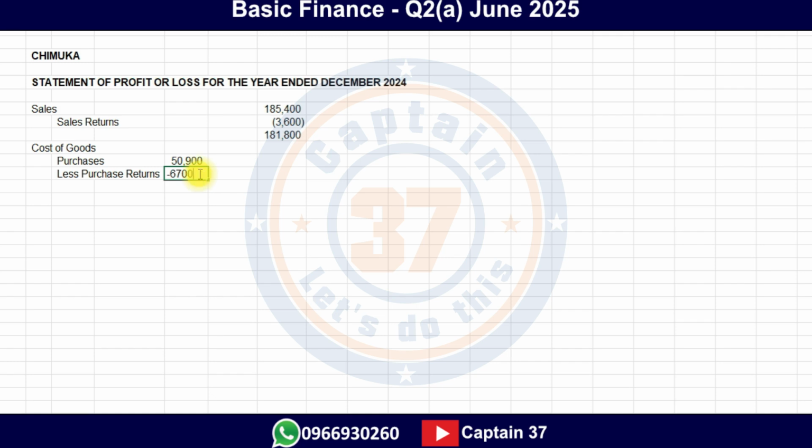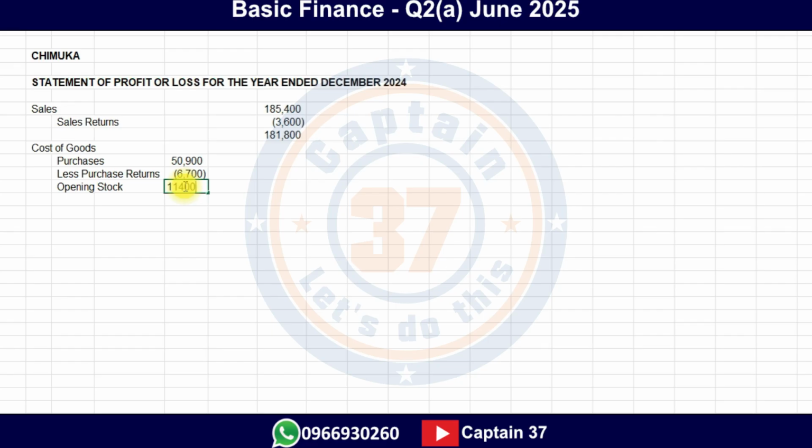We move on and take note of our opening stock. We've been told that the inventory at the first of the month is 11400. Always take note of the date.